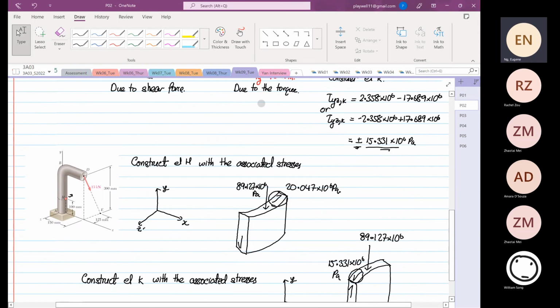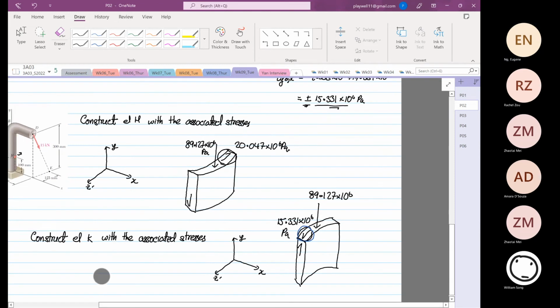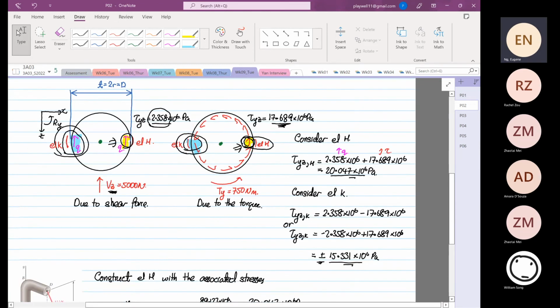So 17.689, I'm going to use a different color, is coming in this direction now. So that's where we have this orientation over here, because the higher magnitude dominates the orientation of the shear stress.